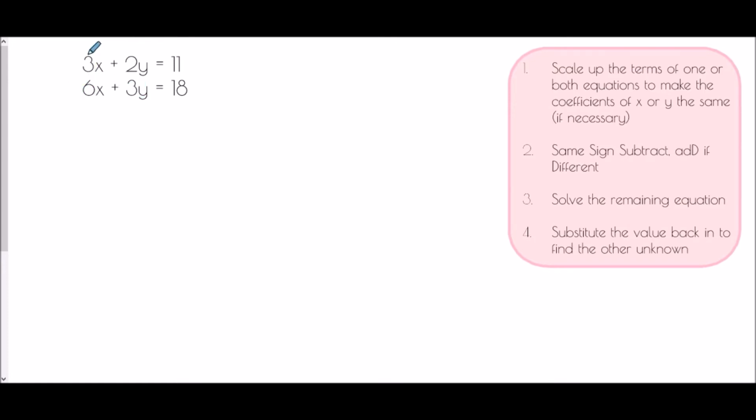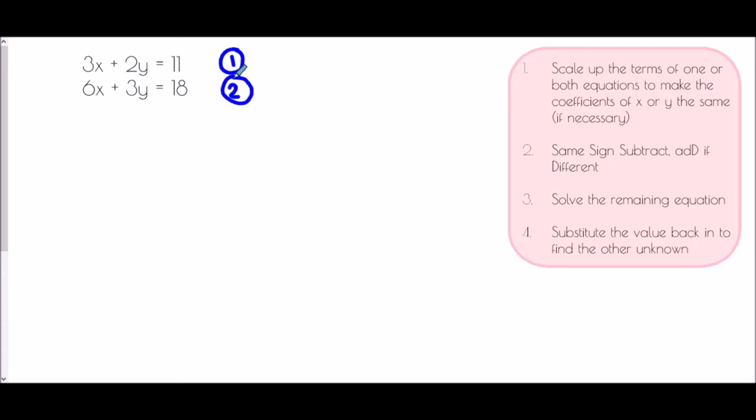And so first of all, I'm just going to label the first equation 1 and the second equation 2. And then we need to make a decision. What is going to be the easiest way for us to get the same number of either x or y? And so what we're looking for here is, can we just multiply one of the equations so that they match?